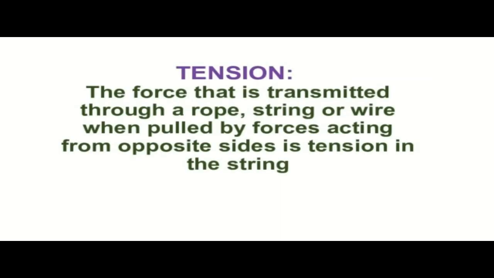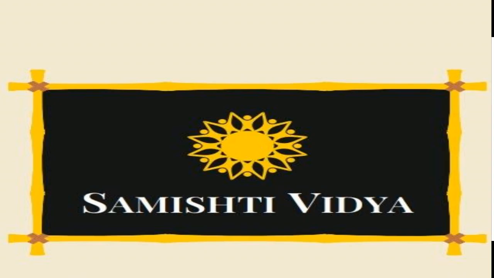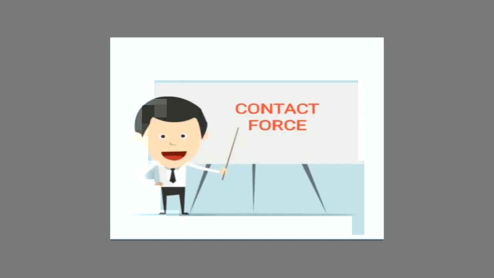It is a contact force. The force that is transmitted through a rope, string or wire when pulled by forces acting from opposite sides is tension in the string. These are the different contact forces.